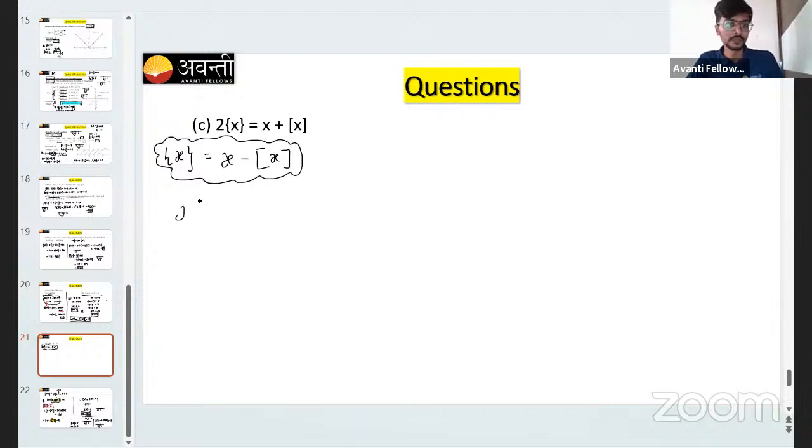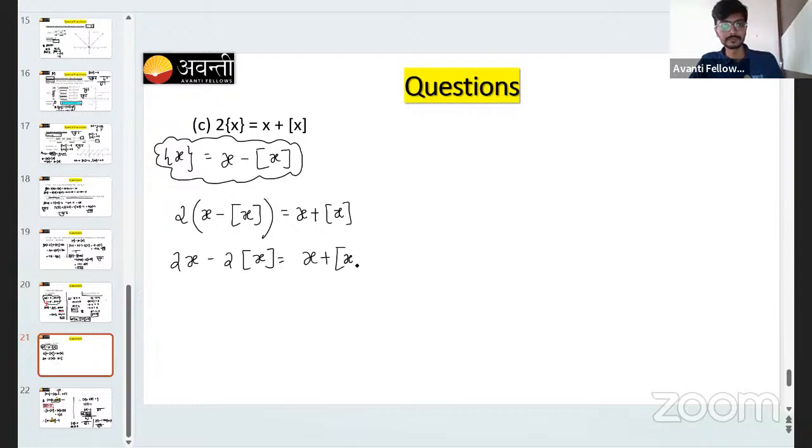I will get 2 bracket x minus step of x is equals to x plus step of x. Bracket open. 2x minus 2 into step of x is equals to x plus step of x.